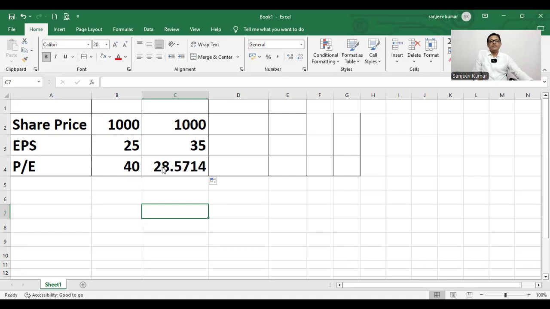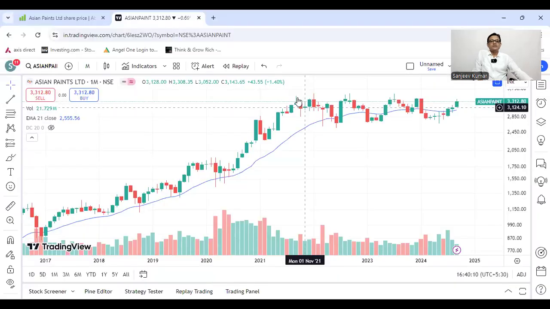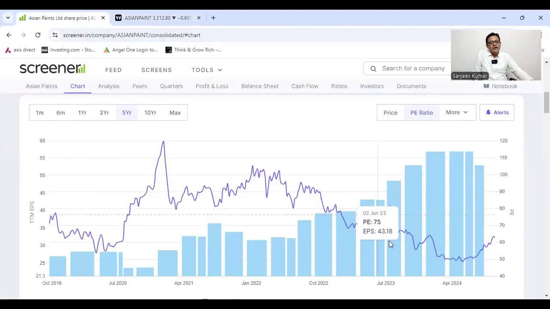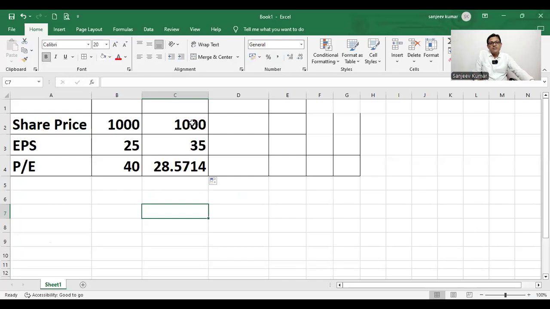The same case with Asian Paints. Share price is not growing, but EPS is growing, so PE is going down.